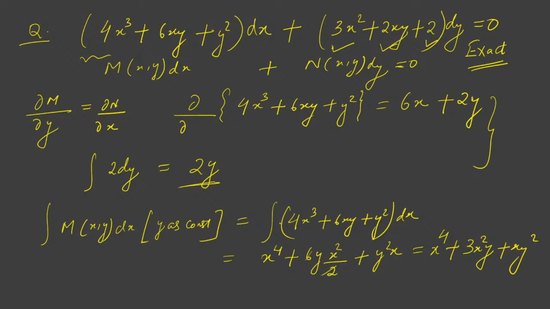You add these two terms and equate to c. So the overall answer will be x to the power 4 plus 3x square y plus xy square plus 2y is equal to c. So this is the solution of this differential equation. I hope all of you can understand. Very simple.